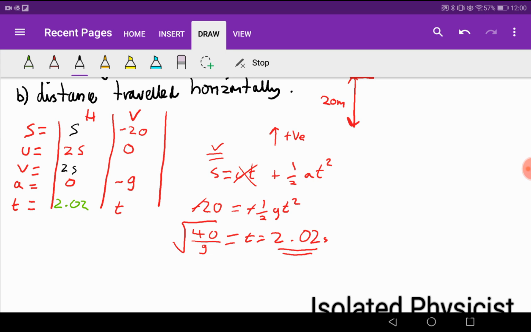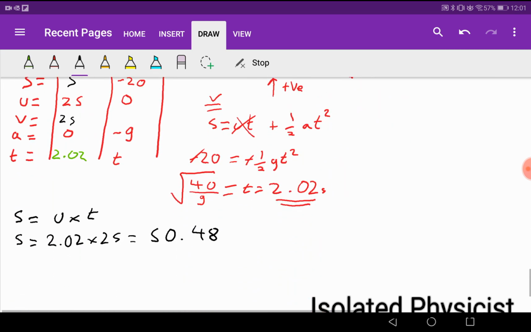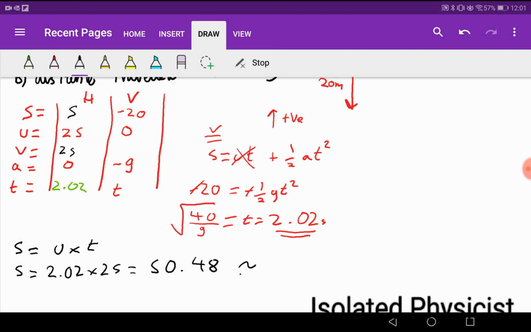We can just use speed equals distance over time here. So we can have s equals u times t. So distance travelled horizontally is going to be 2.02 times 25, which is 50.48. Now I check the significant figures in the question. Everything was given to 2, so I give my answer to 2, which is 50 meters.